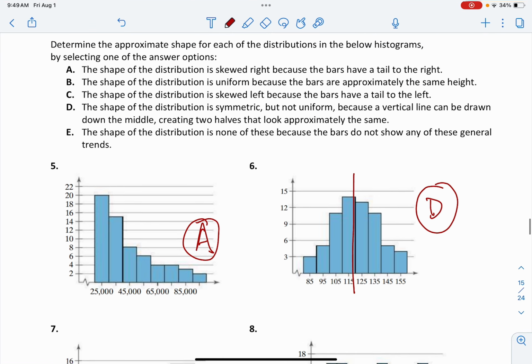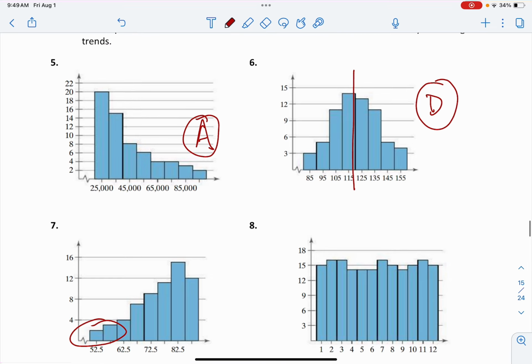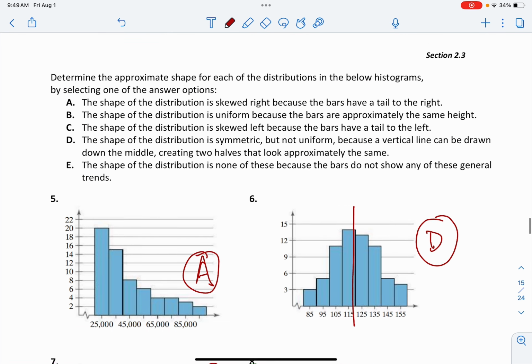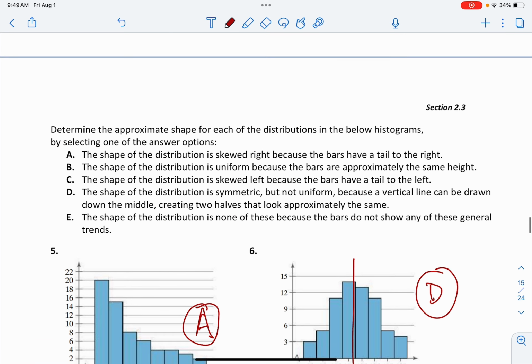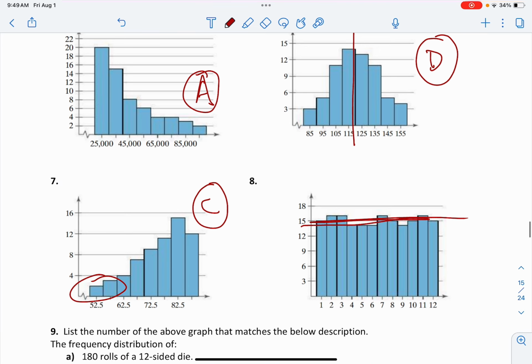So which one is skewed left? That's C. Here we pretty much have the bars all the same height. Again, not exactly, but approximately. So that's B, uniform. Okay, and those are our 4 main types that we're concerned with.